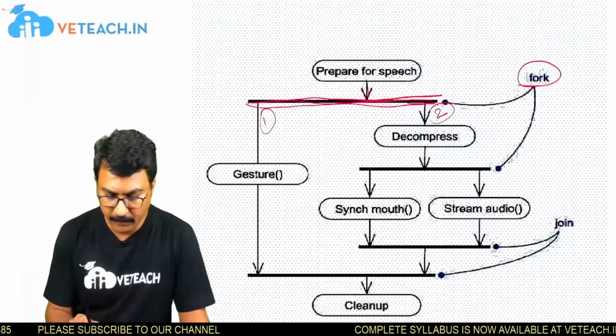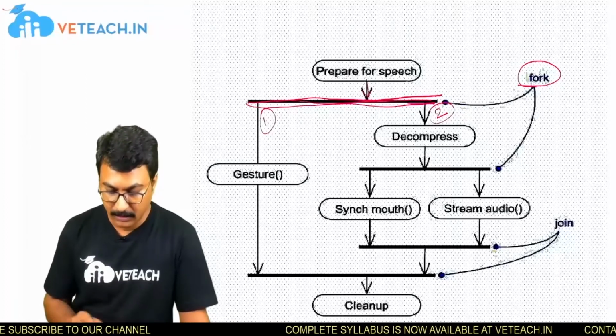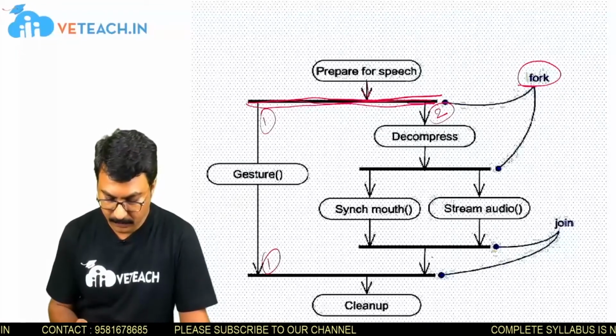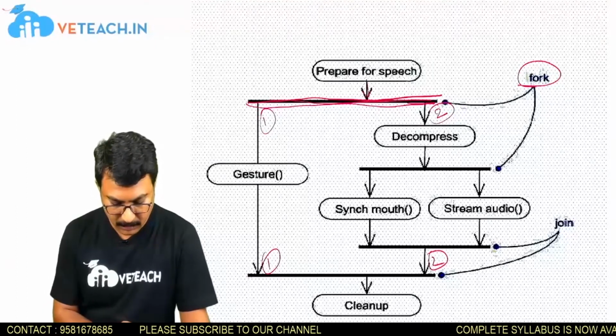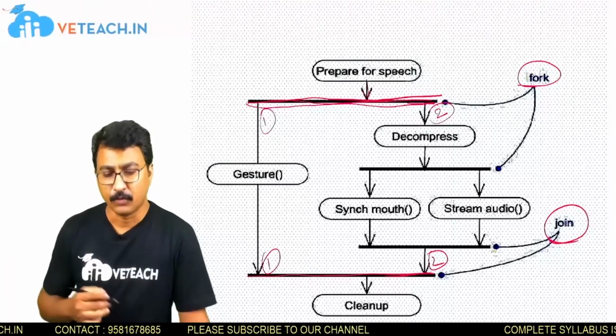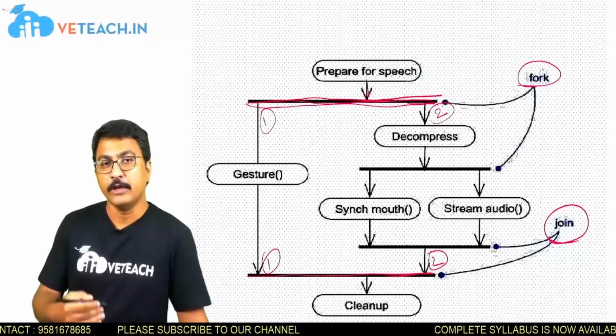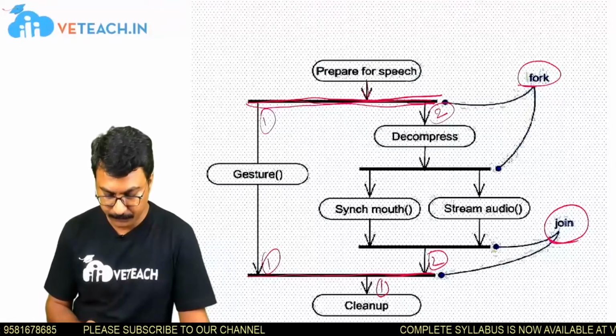So these two flows of control have to be merged together with a join. So what does a join do? It merges the concurrent flows of control into one flow of control.